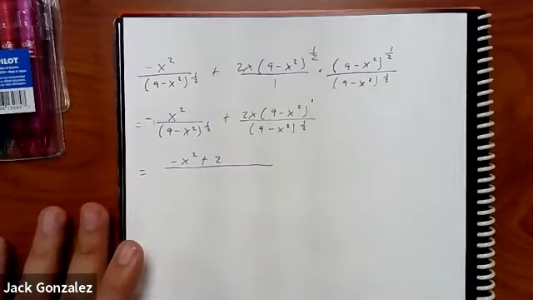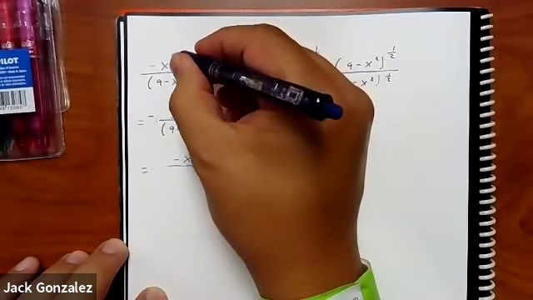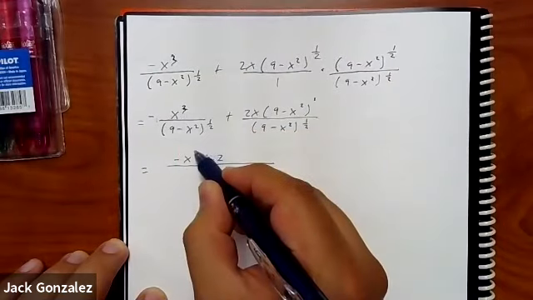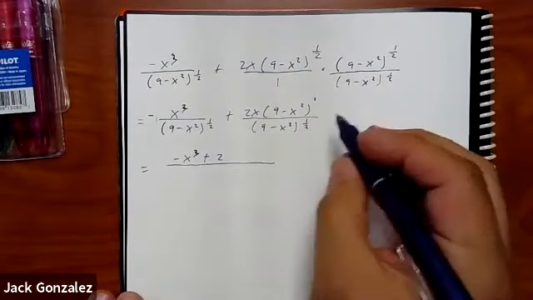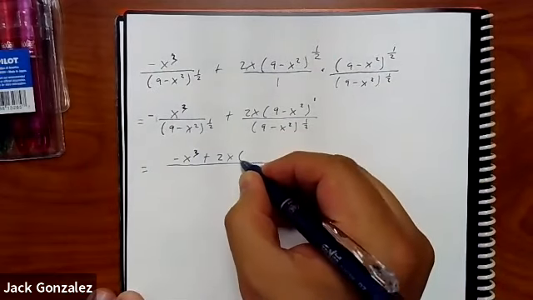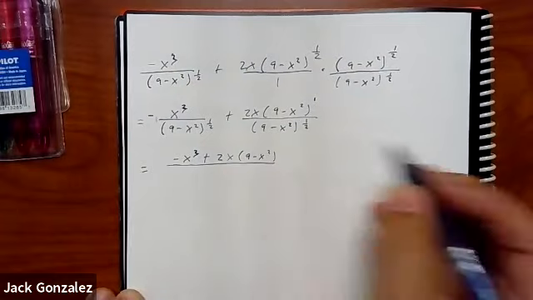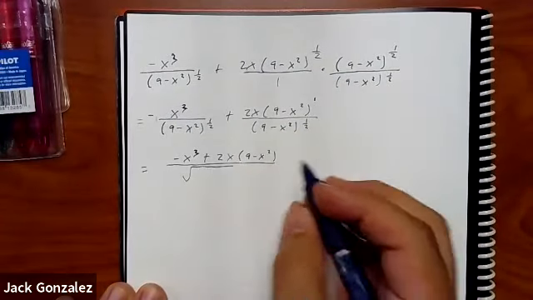Oh, is it cubed? Oh, I changed it by accident. My bad. 2x times 9 minus x squared over, technically this is a square root.